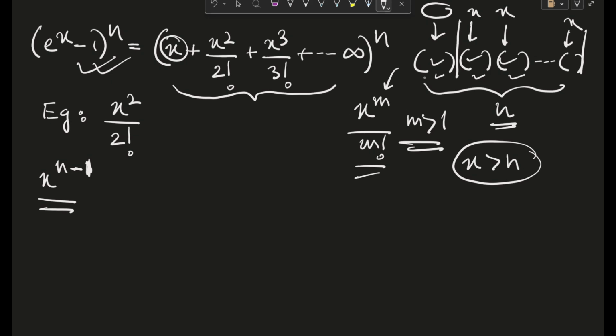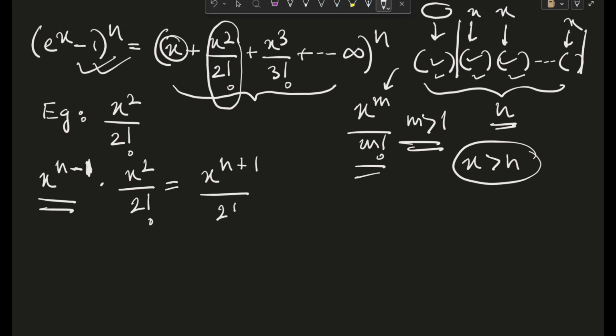I am taking the bare minimum change and the bare minimum term that can cause the change right after x, which is x square by 2 factorial. We are taking that as an example. So if we multiply x power n minus 1 from all these brackets and x square by 2 factorial, the result actually comes out to be x power of n plus 1 by 2 factorial.